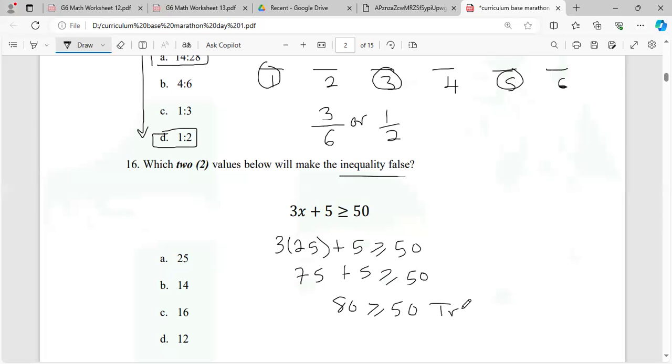But remember what we're looking for: the false one, right? Go ahead.